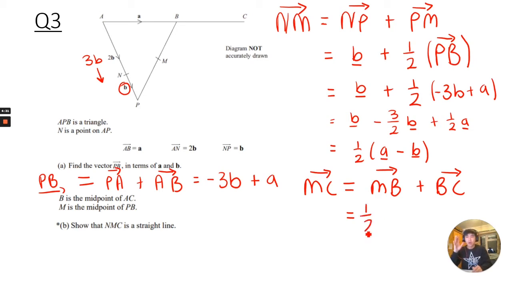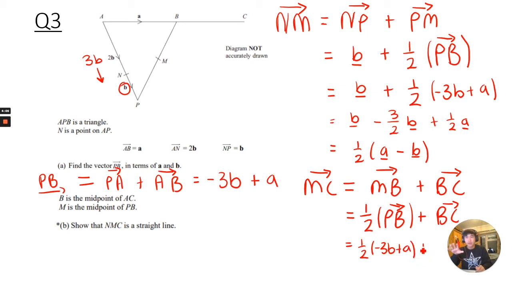So we want half of P to B, very similar to the last part. And then we want B to C, which we can do after. So half P to B, we have half of negative 3b plus a.